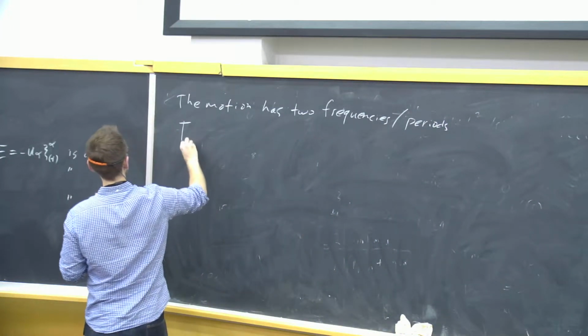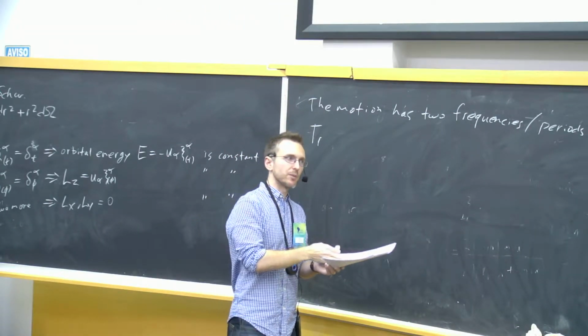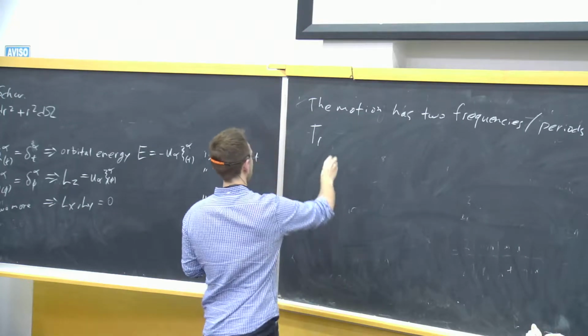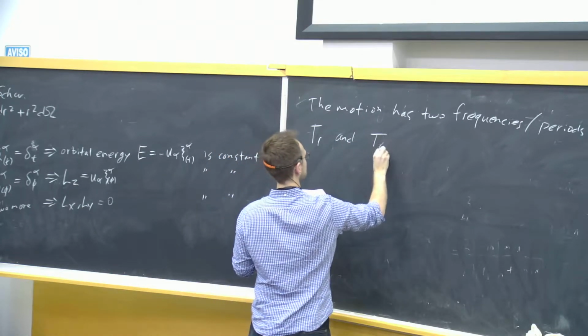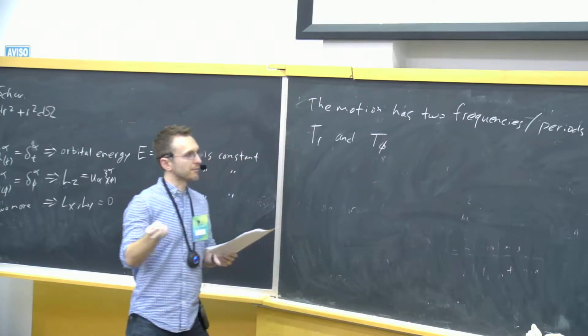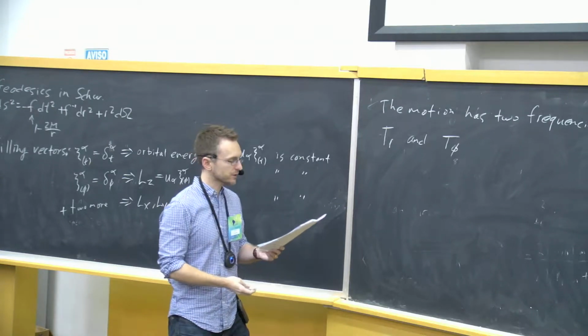A radial period corresponding to the travel time from maximum to minimum back to maximum. And the azimuthal period, which is the average time it takes to go around from 0 to 2 pi in the plane of Schwarzschild.